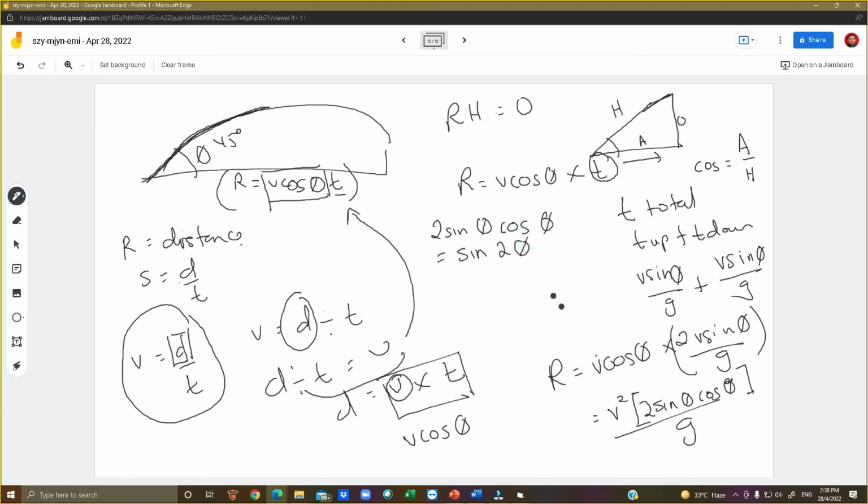Jadi kita boleh mudahkan equation ni. Kita akan dapat R equals to V square sin 2 theta over G. Okay, tekan muka surat sebelah.